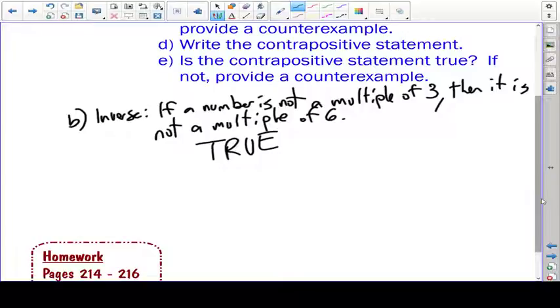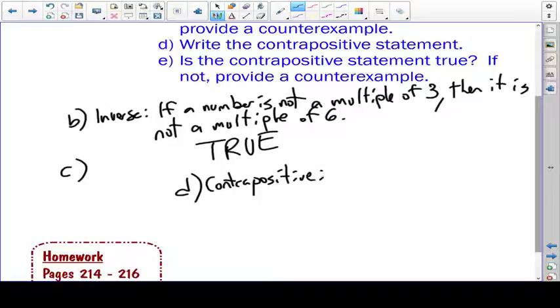Part D. So that was part B and part C, I guess, because part C is the true. Part D, write the contrapositive, and then we're going to assess whether or not that is true or false. For the contrapositive, we will take our inverse and basically just switch the front and back ends.